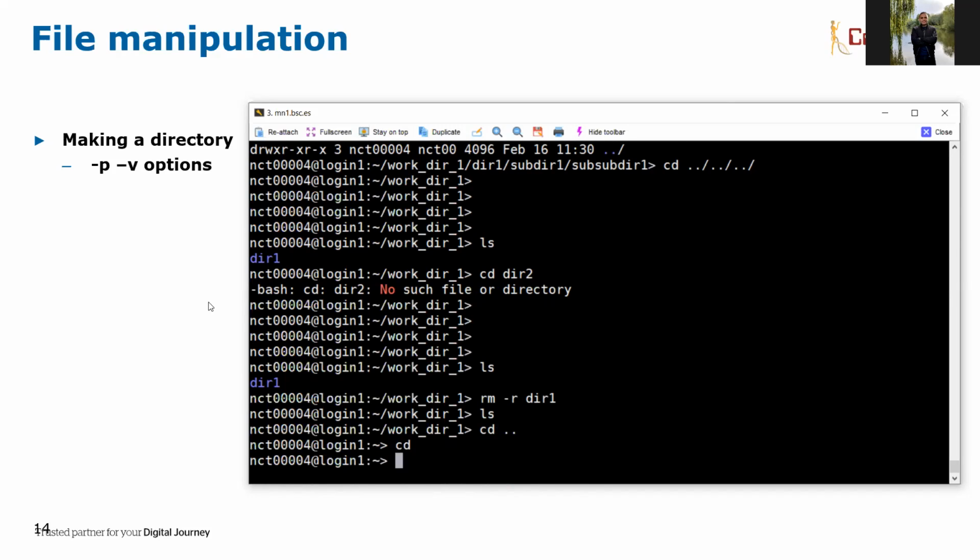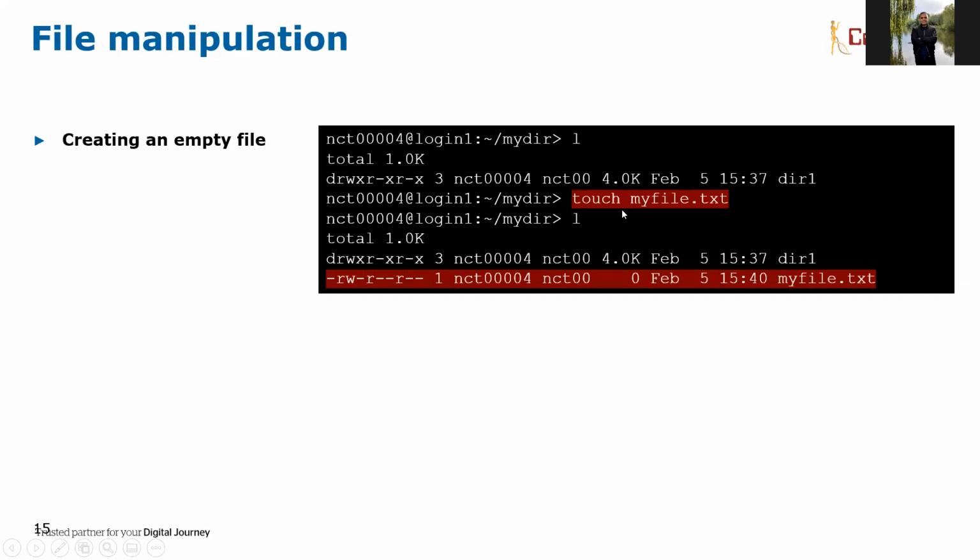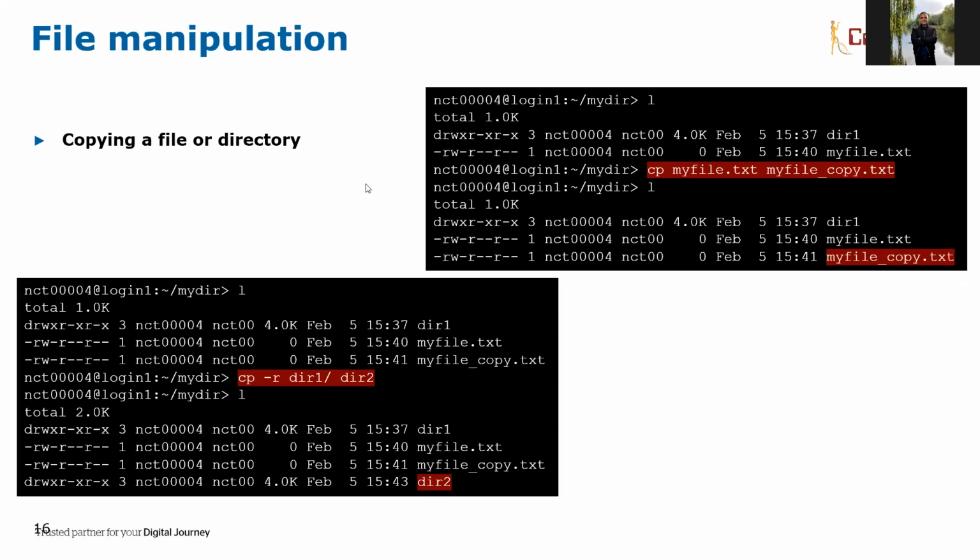So I showed you how to create an empty file. Now I will show you how to copy your files from one location to another, mainly for saving or versioning purposes.